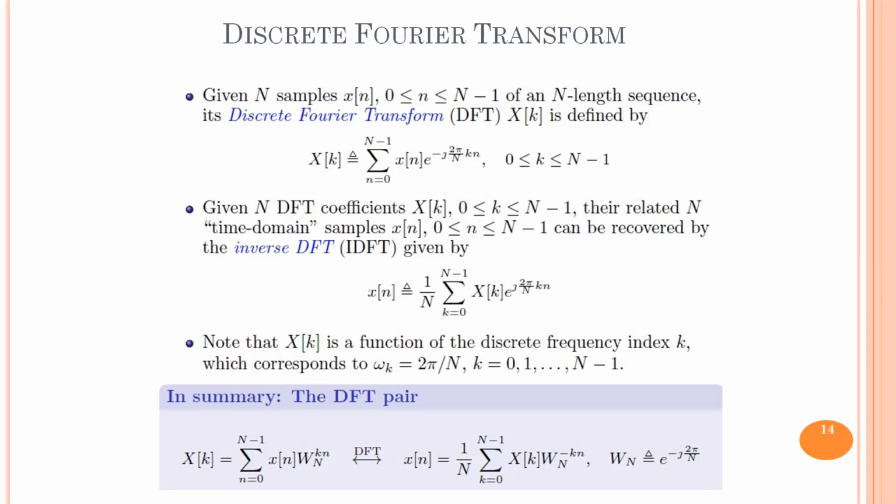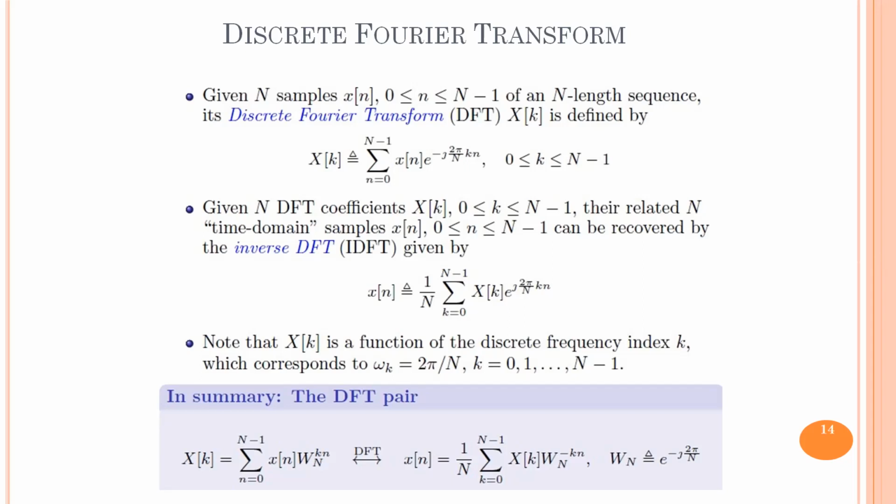It represents that x(n) has N samples, or the length of the sequence is capital N. And its discrete Fourier transform can be written as X(k) equals sigma n equals 0 to N minus 1 x(n) e power minus j 2 pi kn by capital N. Here k also extends from 0 to capital N minus 1.